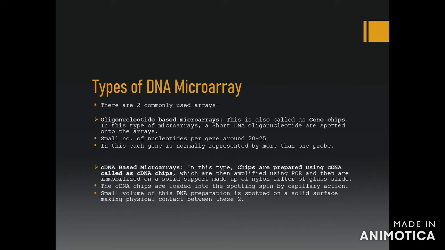It is a type of microarray where DNA oligonucleotides are spotted onto the arrays, and a small number of nucleotides per gene, around 20 to 25, are there. In this, each gene is normally represented by more than one probe, while in cDNA-based microarray, that is complementary DNA-based microarray, the chips are prepared using cDNA, and these are also called cDNA chips.